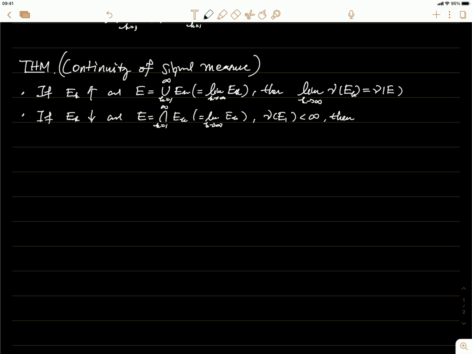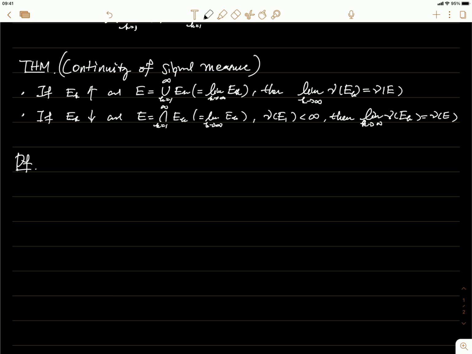Then we can also show that the limit of the signed measures is equal to the signed measure of the limit. These two are exactly the same as for the measures we learned before, but since we're considering signed measures, nu could take negative values, and these two results still hold.